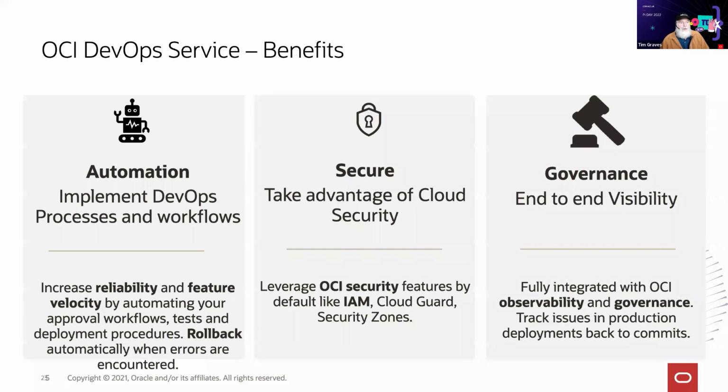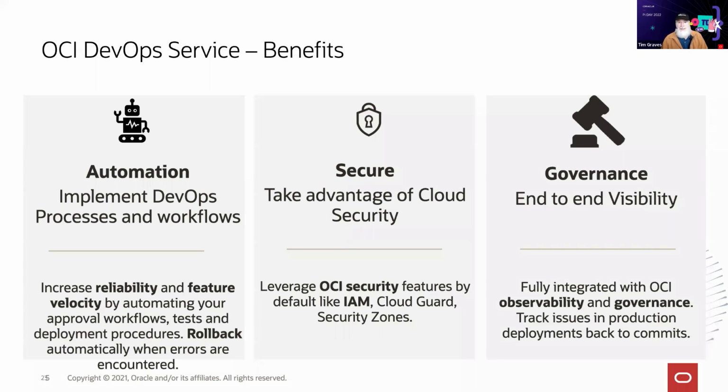And the ways we help support this are in terms of delivering on automation, where we can implement some of the DevOps process and workflows. So that can automate the build, the test, and the release processes if you wish. It is a highly secure environment. A number of security problems have been where people have been hacked. And we put a lot of security in place, not just to protect the environment itself, but also to protect the results that you create, the code that you build.